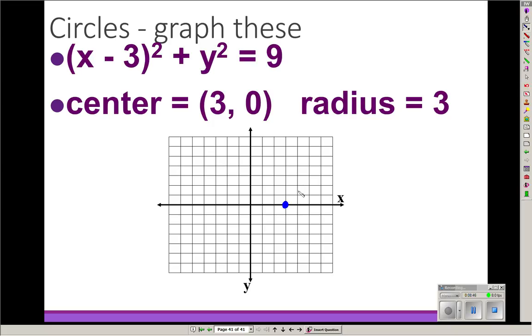And then the radius of 3 will go up 3, right 3, down 3, and left 3. And then carefully draw the circle. So there you go.